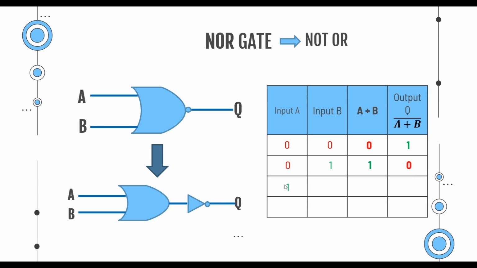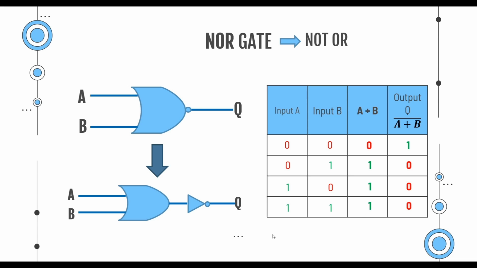As the third case, we have input A as 1 and B as 0, and the operation of A and B is equal to 1, so the output will be 0. As the last case, we have input A as 1, input B as 1, so the operation of A and B is equal to 1, so the output of the NOR gate will be 0.